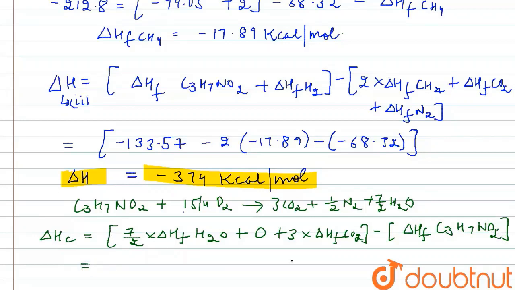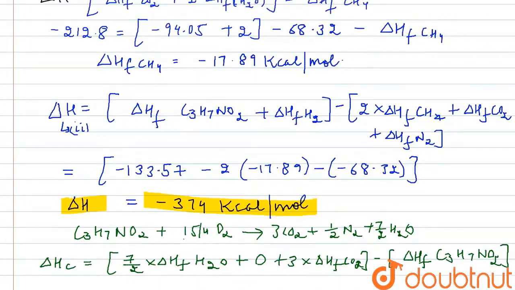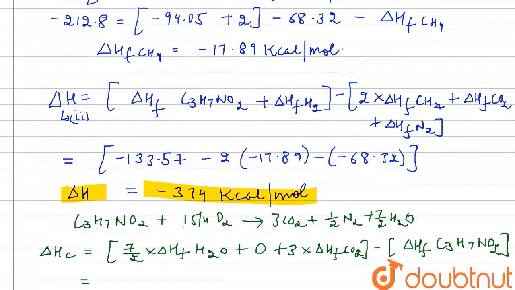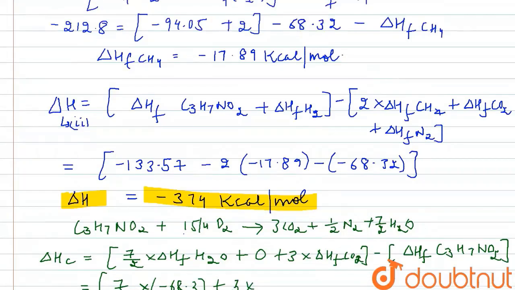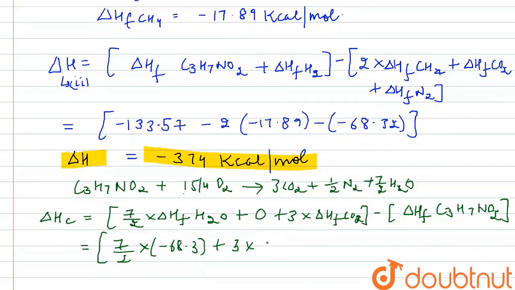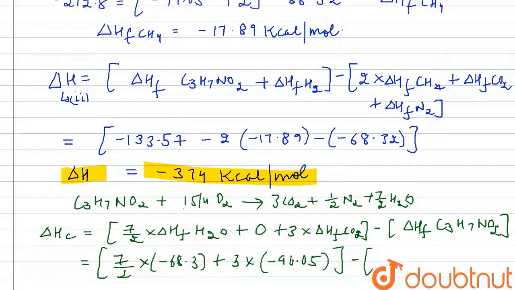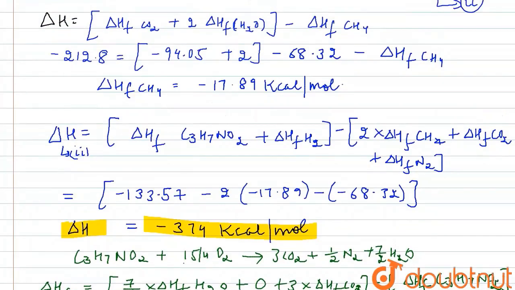How much is it coming out to be? Upon solving, it is coming out to be 7 by 2 into minus 68.3. Then add the value, 3 into minus 96.05, minus what is the value of C3H7NO2?